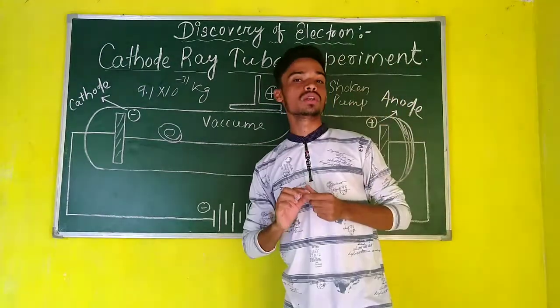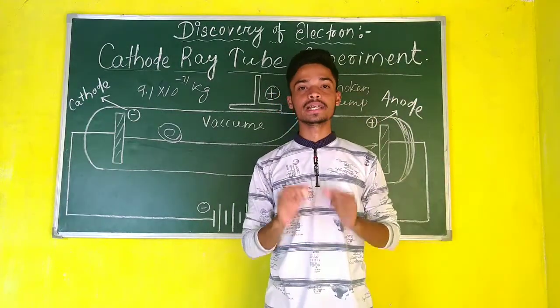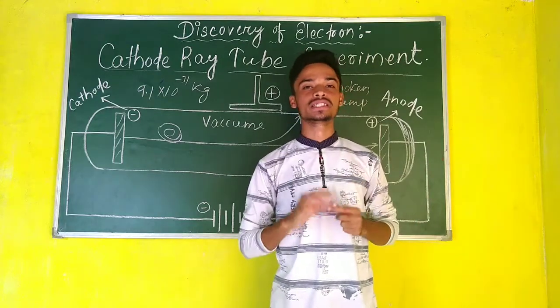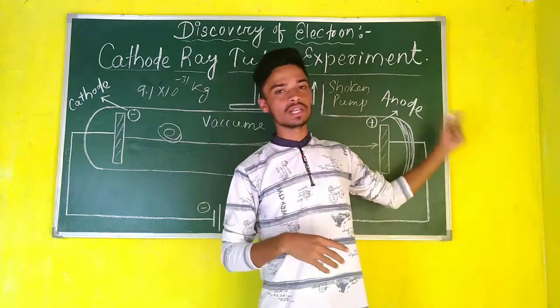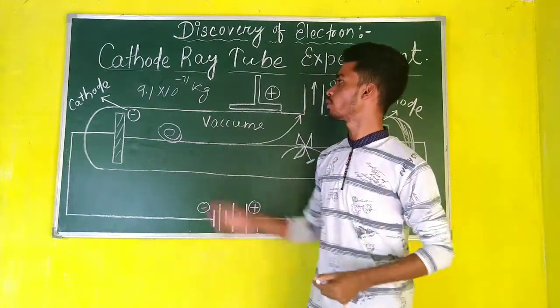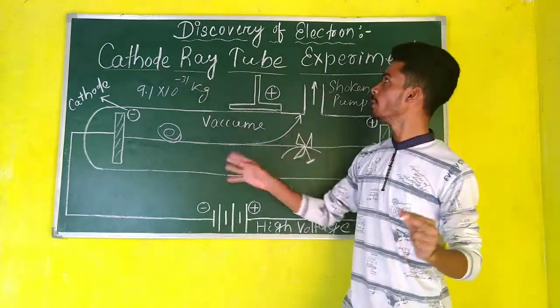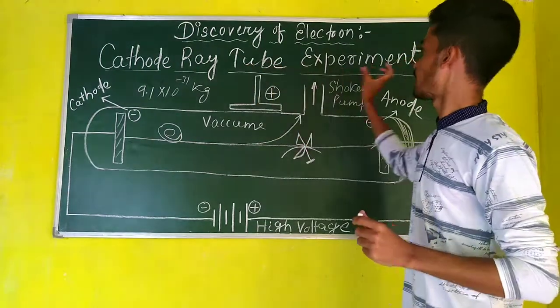So these are the postulates of the Thomson atomic model. Electron is a negatively charged particle, so it always tries to go towards the positive electrode, and its mass is 9.1 times 10 to the power minus 31 kg.